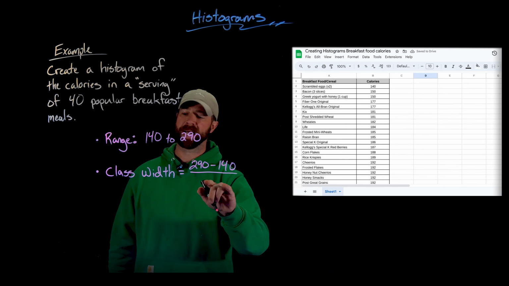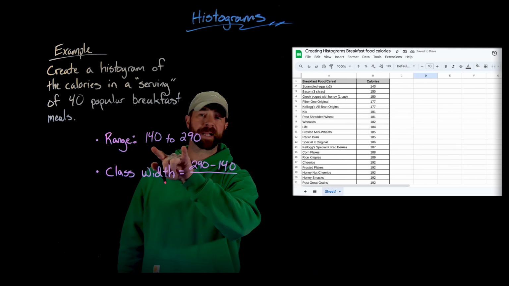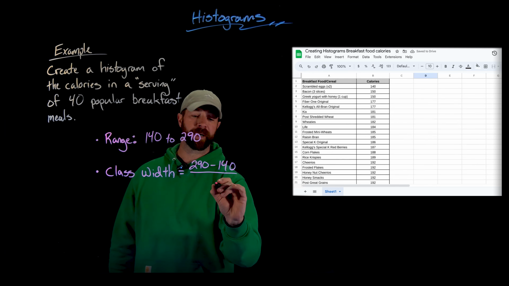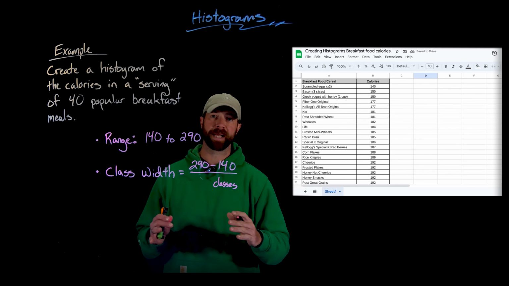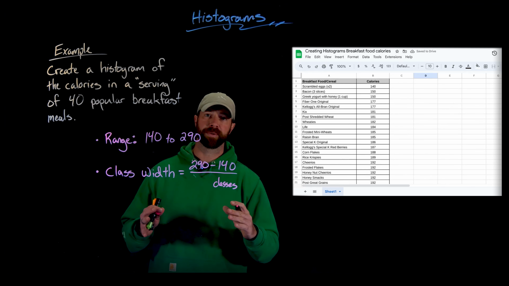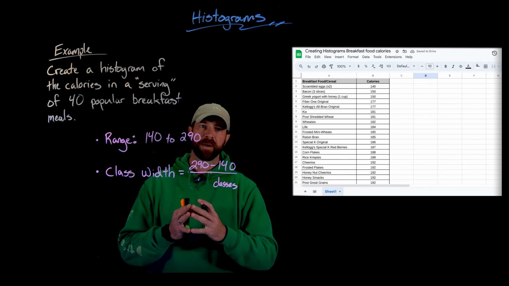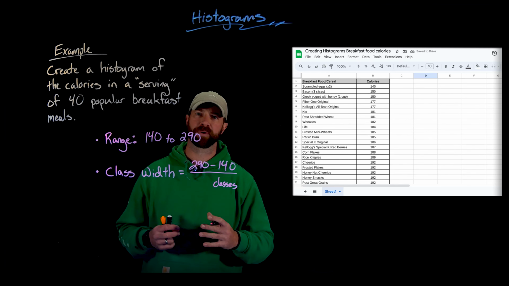And I'm going to divide it by a number of classes. So this is the span. This comes directly from this range right here. For the class width, I'm going to divide by the number of classes I choose. And again, there's really no magical answer for how you do this. It depends on the context and how much detail you want to give to these categories.